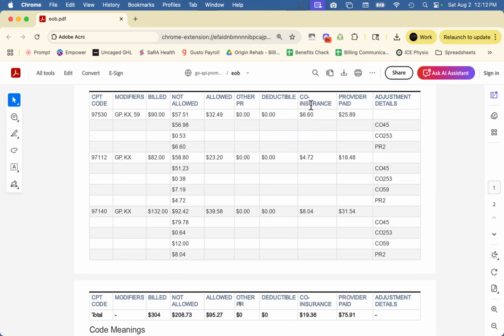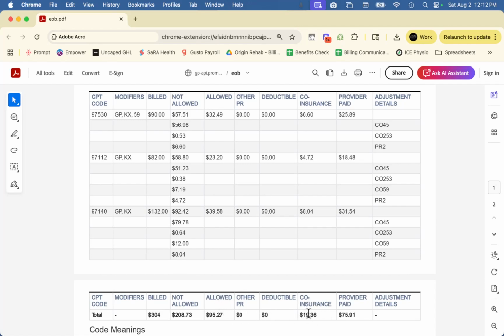So the co-insurance amount is usually a percentage. It's usually co-insurance or co-payment. Co-insurance is a percentage. So with Medicare, in this case, it's at 20% of the allowed amount. Ultimately, you can see down here that the co-insurance amount of $1936 is 20% of the allowed amount, $95.27.